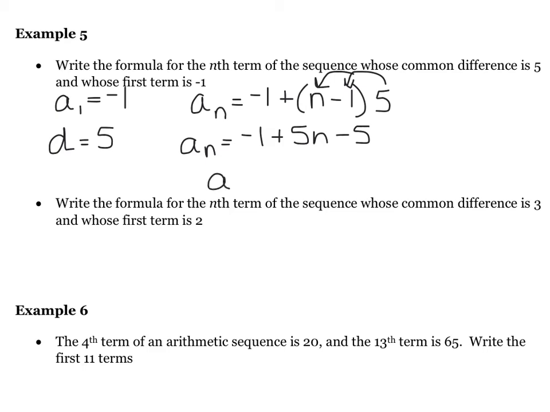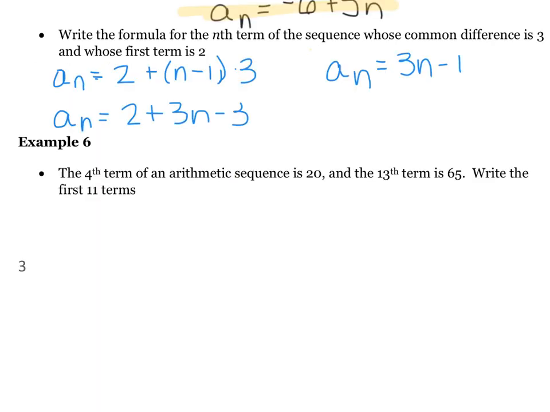So a sub n is equal to -6 plus 5n, right? This is the formula. Your turn. Go ahead and pause it here and write the next formula.